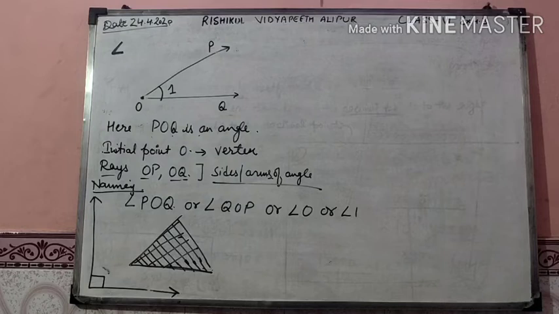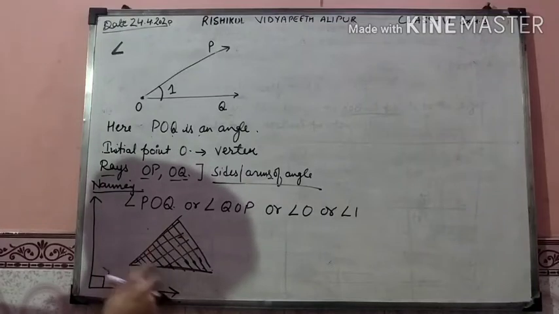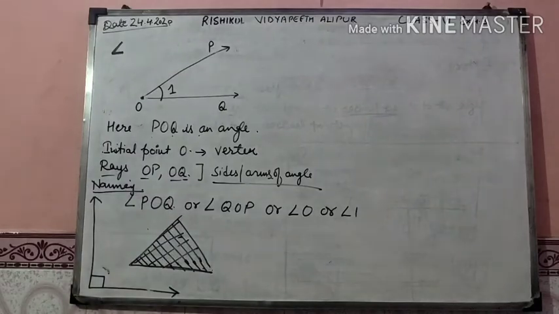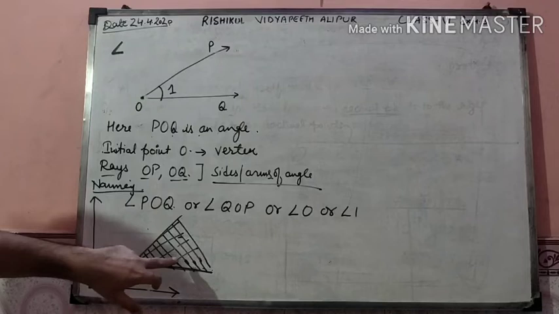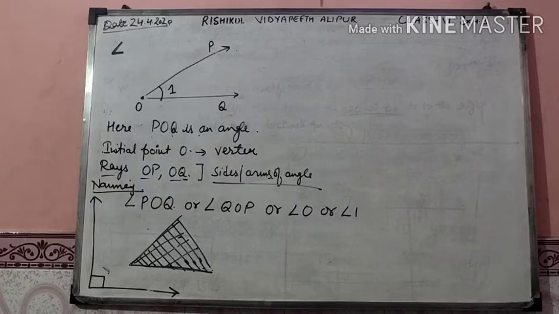This is the interior and this is the exterior. It is just like your patties or samosa. This is the interior portion where the potatoes are found, and this is the exterior portion where the potatoes fall. So this is the way to understand the concept of angle.